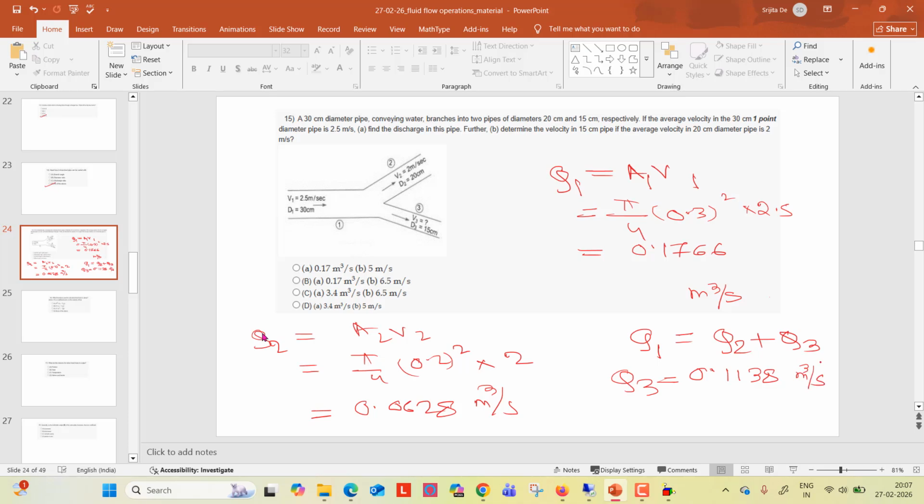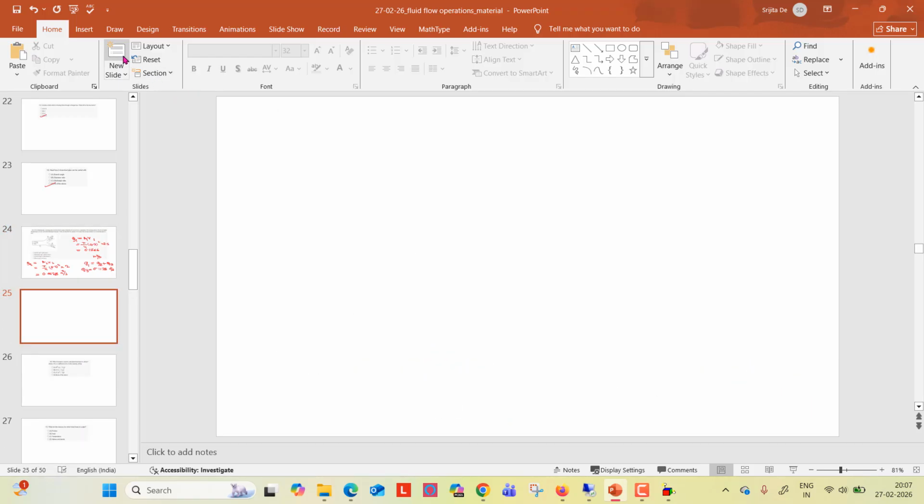And it has asked for the velocity V3, right? So now in a similar way we will calculate it. Diameter is 15, so V3 equals Q3 by A3. So it is 0.1138 divided by pi by 4 into 0.15 whole square, because it is 15 centimeter.